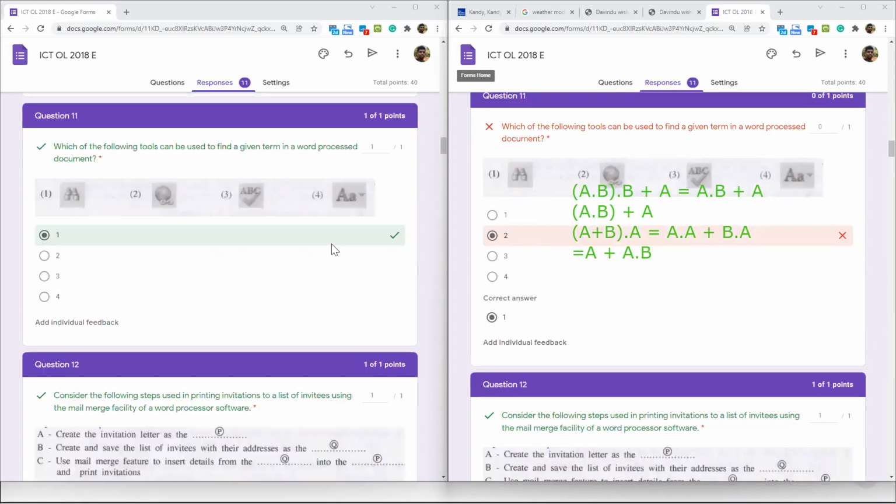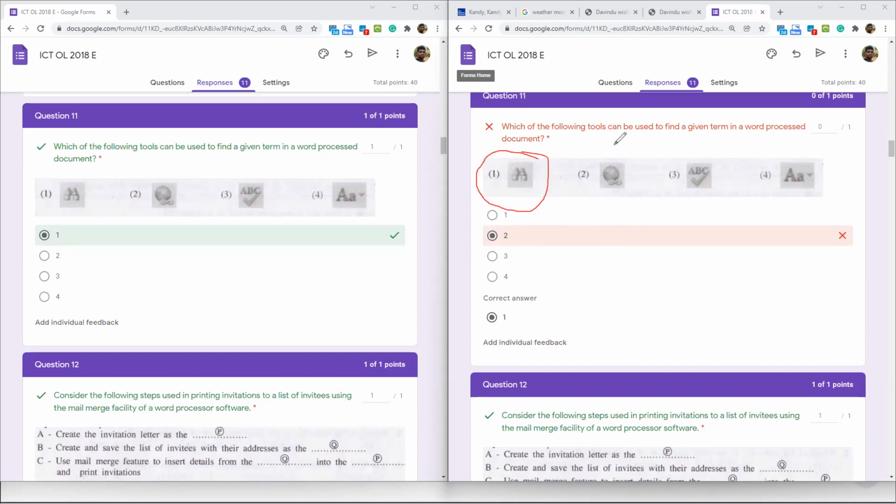Okay, so we have an error. This is question number 11. The question asks, which two can be used to find a given term? Find and replace, this is represented in 1.